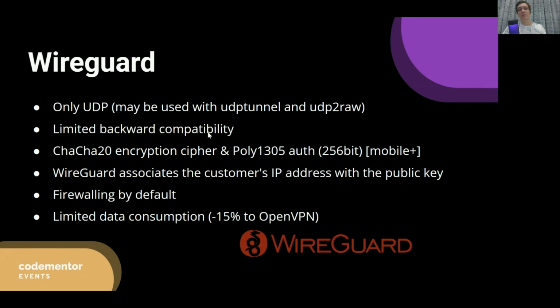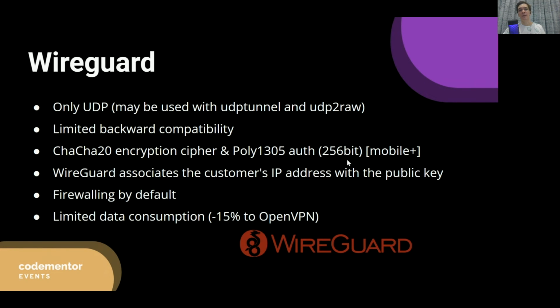So, limited backward compatibility. It's kind of good and bad because when you upgrade the WireGuard version, the encryption methods, such as the ChaCha20 encryption cipher and Poly1305 authentication, are the only encryption and authentication methods allowed, and they're preset and hardwired, no alterations.